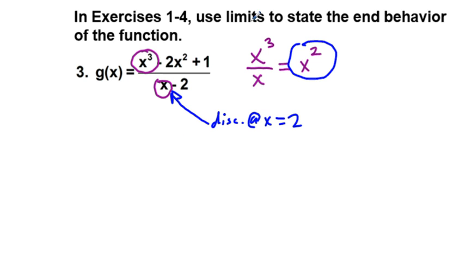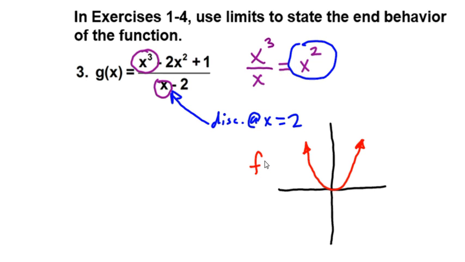If we understand the behavior of x squared, the parent function f of x equals x squared, we can find our end behavior. The x squared function is simply the quadratic parent function. Our end behavior should be pretty easy to ascertain.